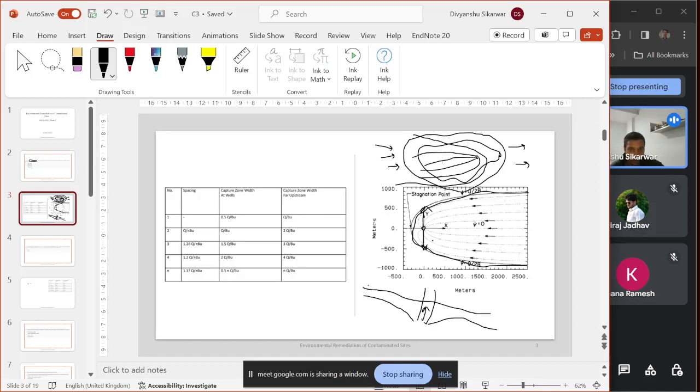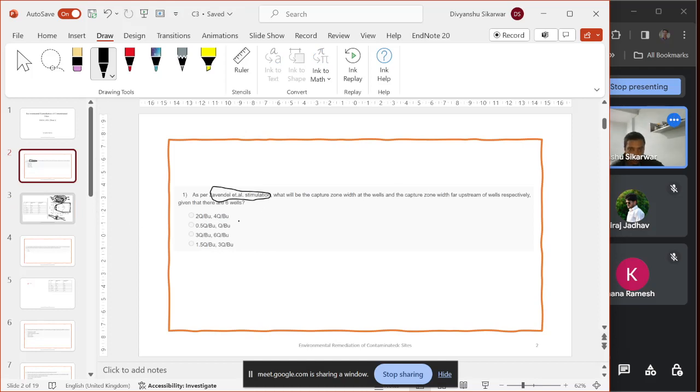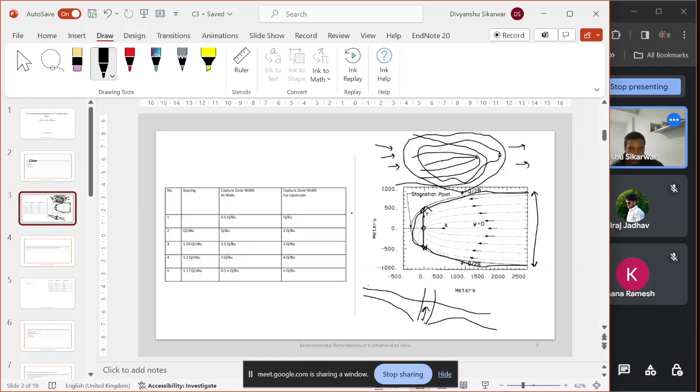In this question, we have to tell two pieces of information: the capture zone width at the well and the capture zone width far upstream. This is far upstream. These two values we have to calculate, but this question is asking these two values for six wells. Here we only have one well.